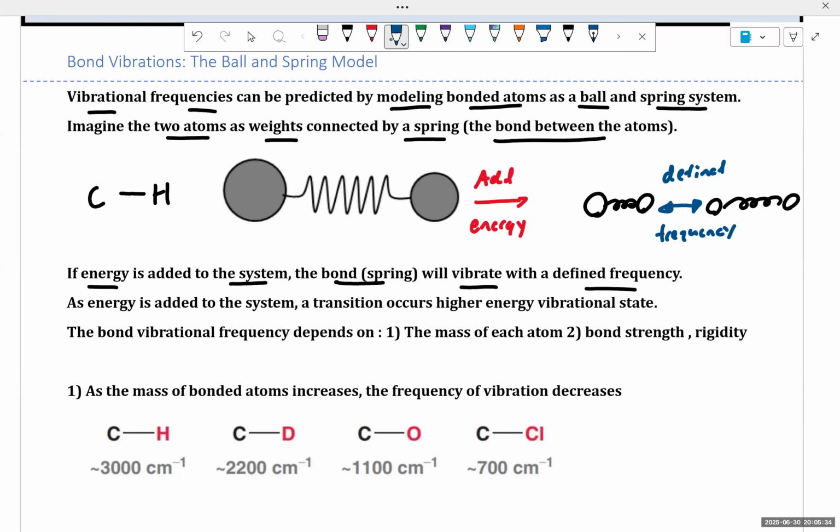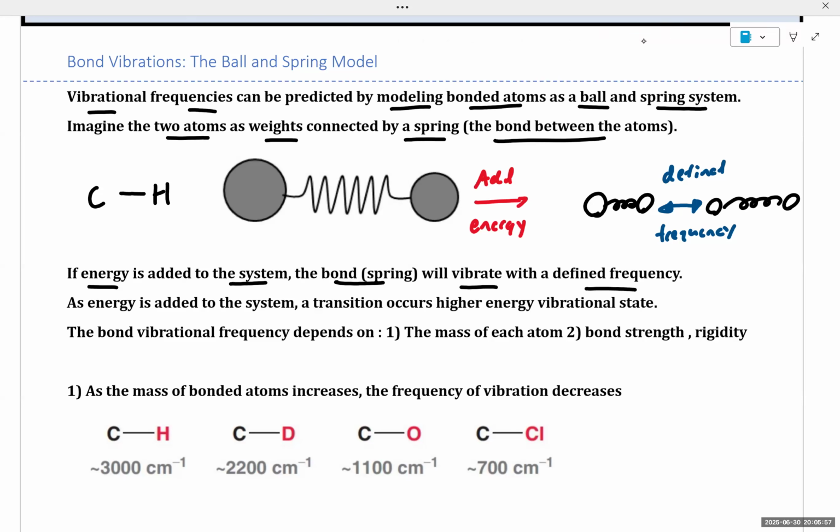So you can imagine if I were to pull or start to move one of the atoms on this spring, and then I release, that atom will move back and forth. This bond will bend and stretch, and that bending and stretching will occur at a defined frequency.